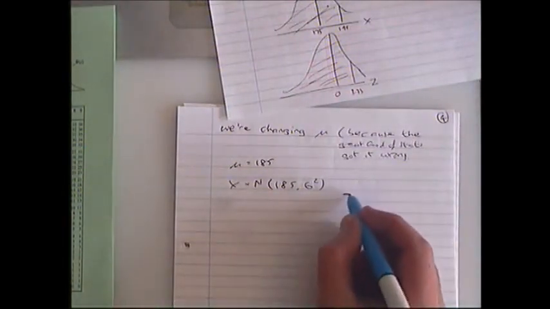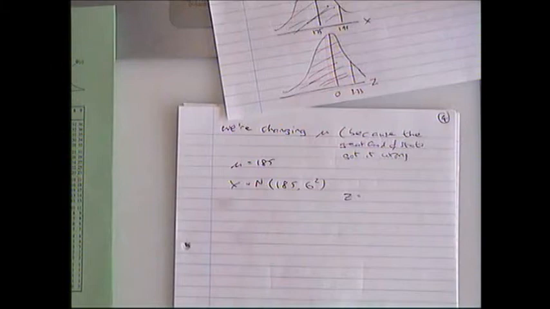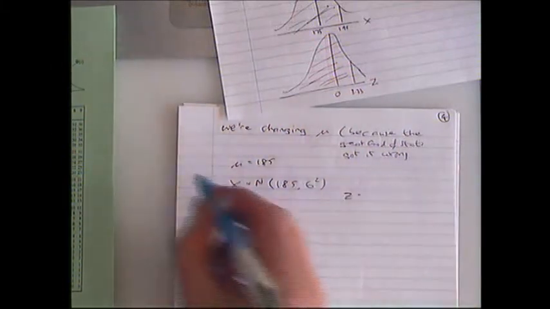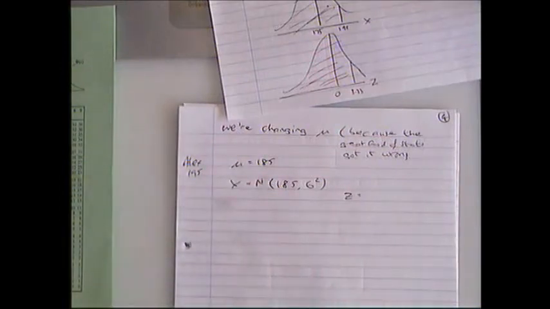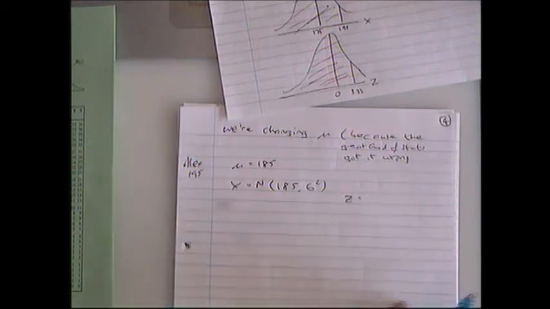What calculation will I do then to get Z? Now I'm still dealing with Alex. Alex is still 195 centimetres tall. Was Alex really 195 centimetres tall? Maybe he was. So, what calculation will I do for Z?